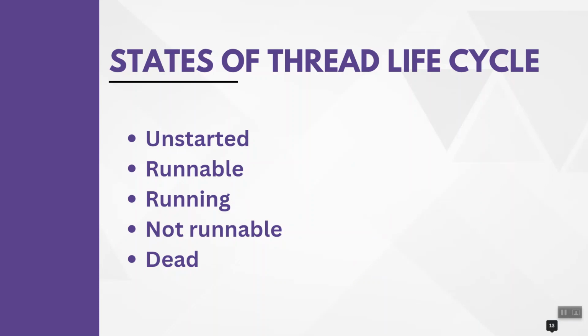Then, let's see what is runnable. It is ready to run. When Start method is called, it is in runnable state. Running: only one thread within a process can be executed at a time. At the time of execution, thread is in its running state.